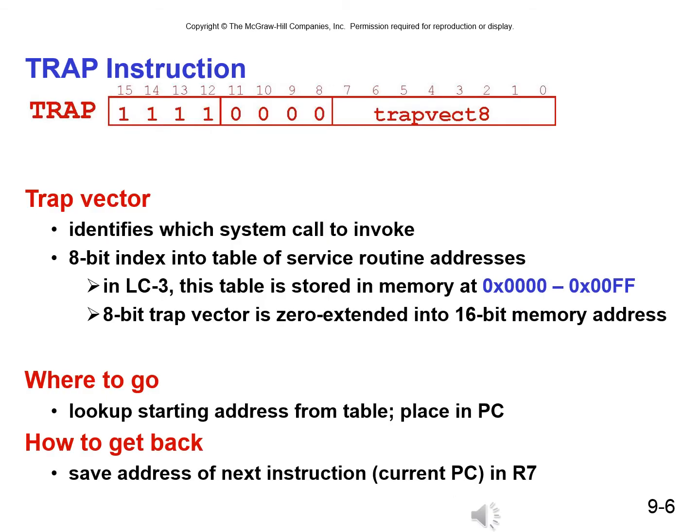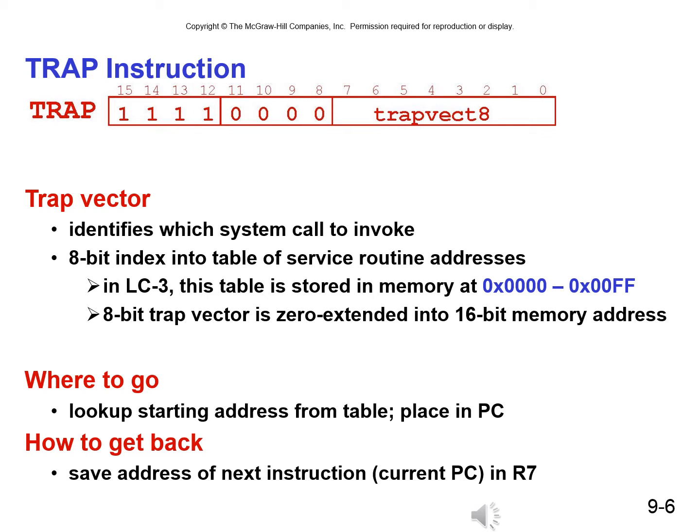Here we have the syntax or the bit pattern for the trap instruction. The opcode is 1111. Bits 8, 9, 10, and 11 are unused or irrelevant, so they're all zeros. And then the bits 0 through 7, 8 bits, specify the trap vector.